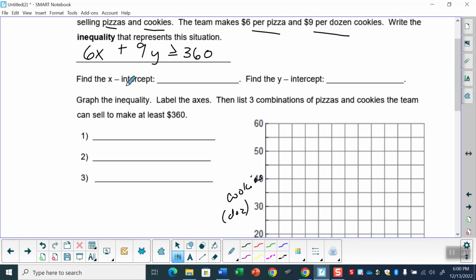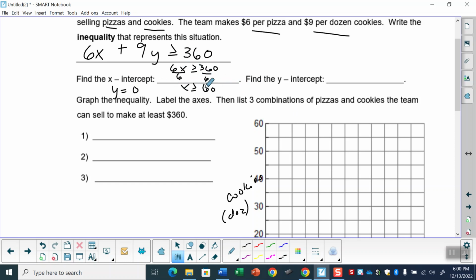Now to find the x-intercept, right, I'm going to make y equal to 0. All right, and if y is 0, 9 times 0, this goes away. And so what I have, the equation I have is 6x is greater than or equal to 360. So I divide by 6, right? So I get x is greater than or equal to 60. I shall say equal.